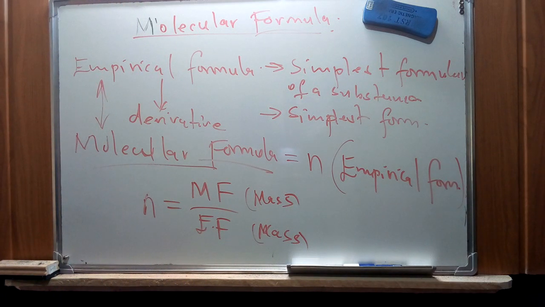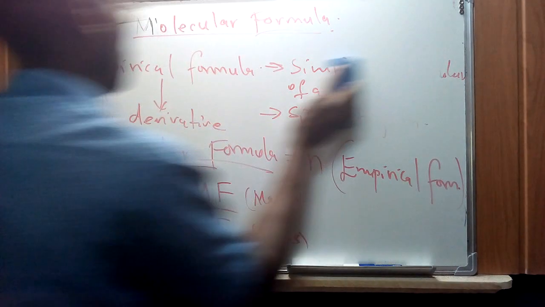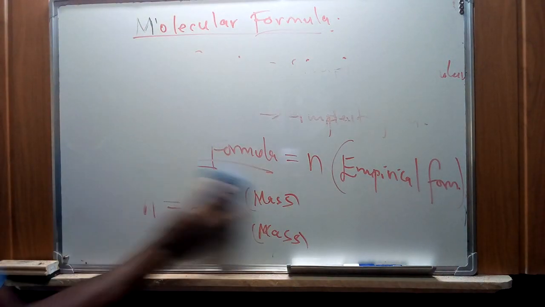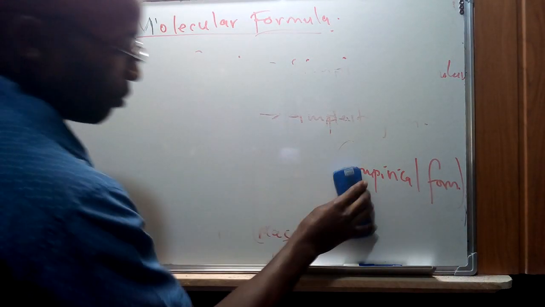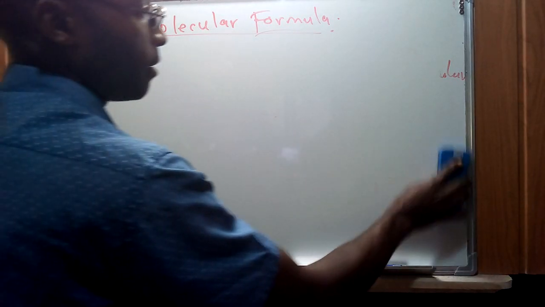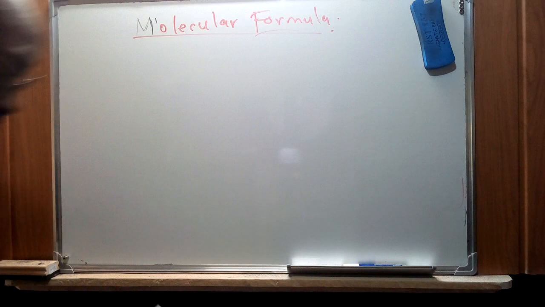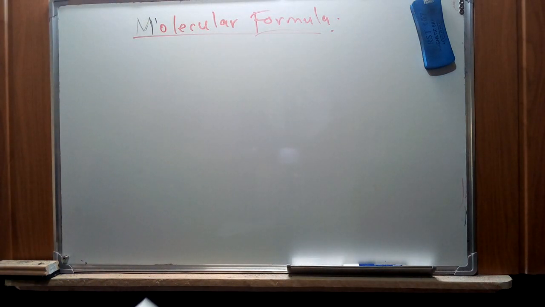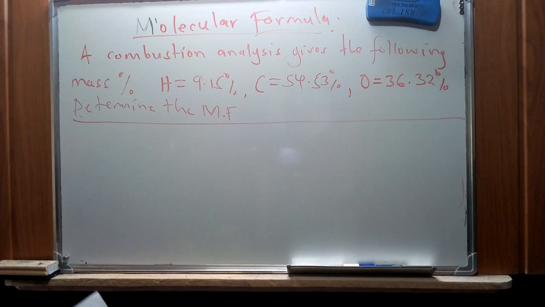So in this case, I'm going to use just a sample question in trying to differentiate between the molecular and the empirical formula, and try to show the relationship that exists between the two, in that the molecular formula is a derivative of the empirical formula. So I'm going to write the question on the board. The problem states that a combustion analysis gives the following mass percentages.